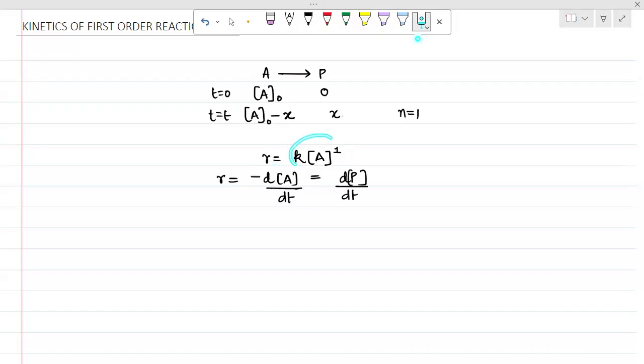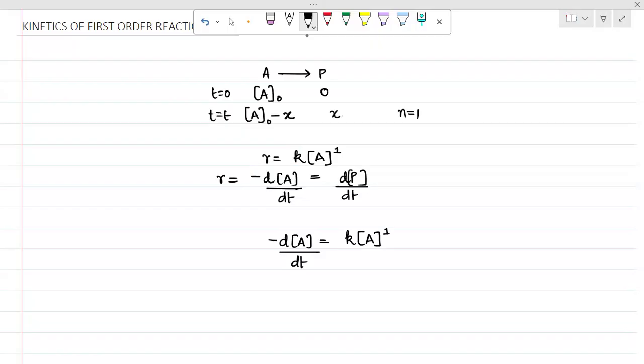I can compare the experimental rate and the theoretical rate, and upon comparing, what do I get? I get minus dA by dt is equal to rate constant concentration of A to the power 1.